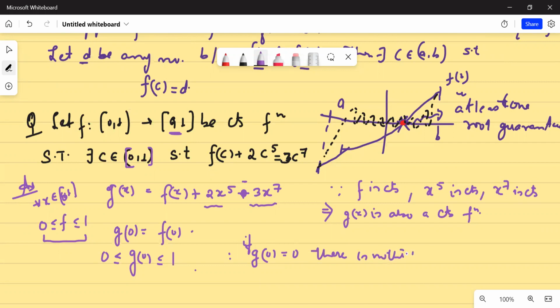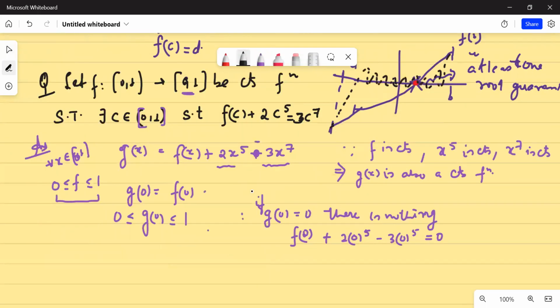Why is there nothing to prove? Because if g(0) is equal to 0, that implies f(0) plus 2 into 0 to the power 5 minus 3 into 0 to the power 7 would be 0. Or in other words, I can write that f(0) plus 2 into 0 to the power 5 is simply 3 into 0 to the power 7, right?